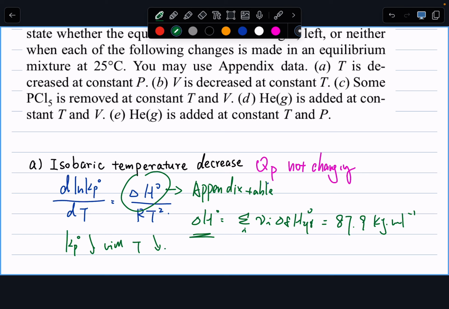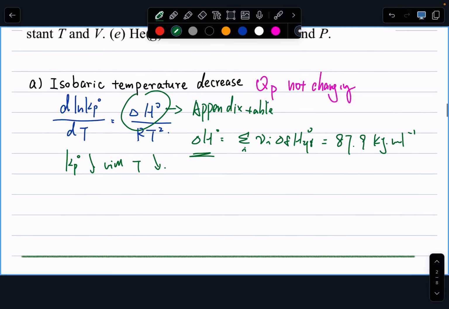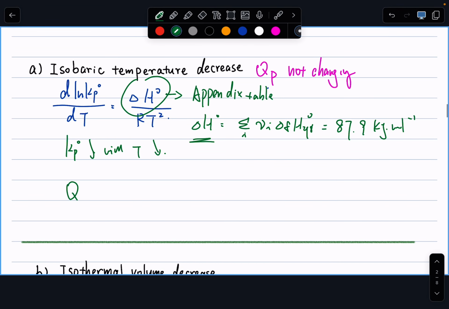All right, so my QP is not changing, my equilibrium constant drops, my QP now is larger than my equilibrium constant, so the reaction shifts backwards. And let me write that down as well.